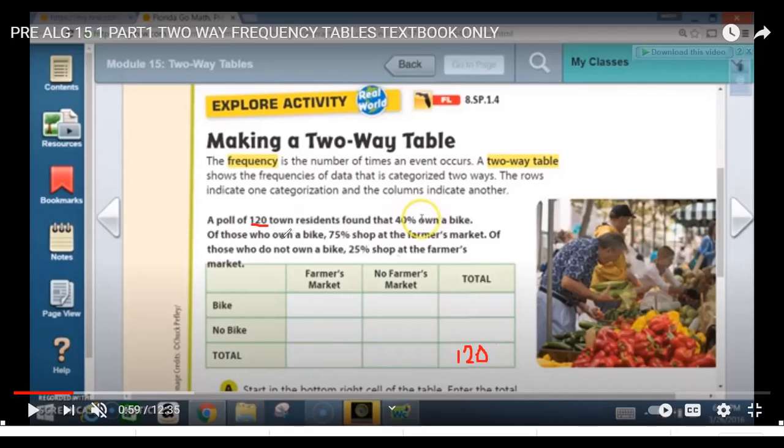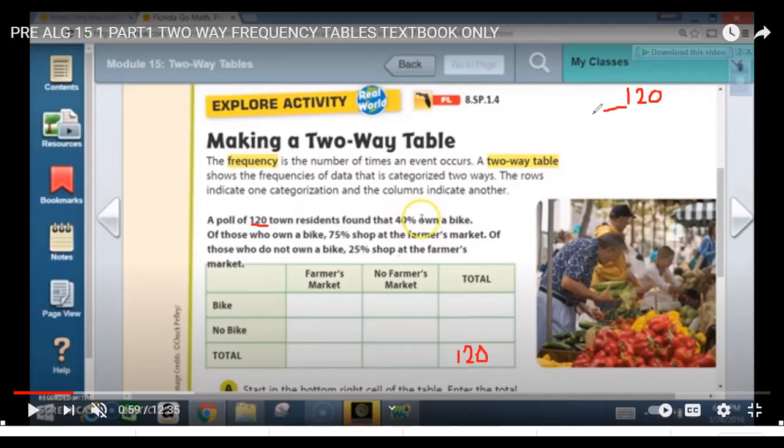Then it says 40% own a bike. If 40% own a bike, then how many percent don't own a bike? 60%. Yes, right? Then if I want to answer this question, I will divide it into two parts. First, I'm going to put the total number of people at the top like this.